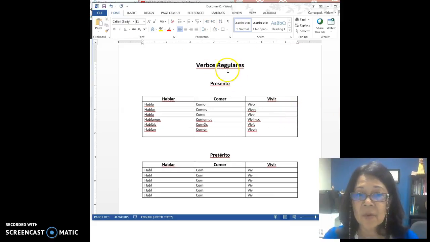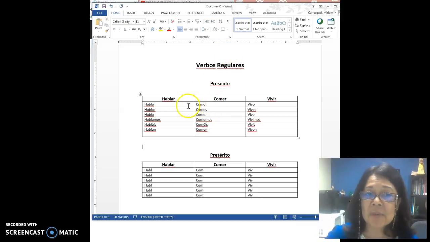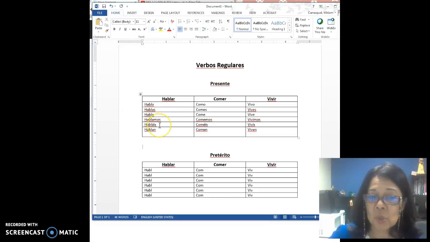So for regular verbs, if you remember, those were the first ones that you saw when you started studying Spanish. So those are the verbs that end in AR, ER, or IR. For example, yo hablo, tú hablas, él habla, nosotros hablamos, vosotros habláis, y ellos hablan.